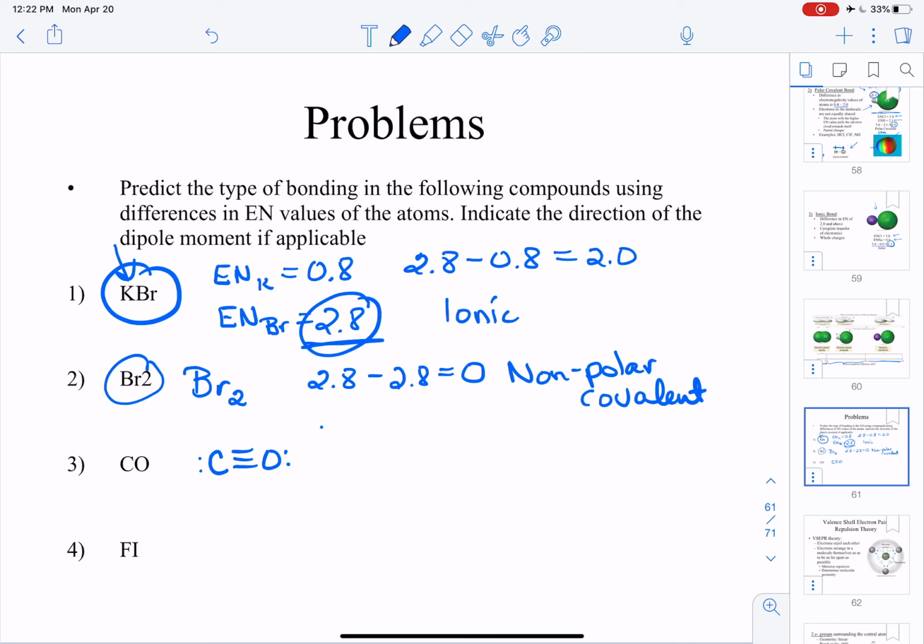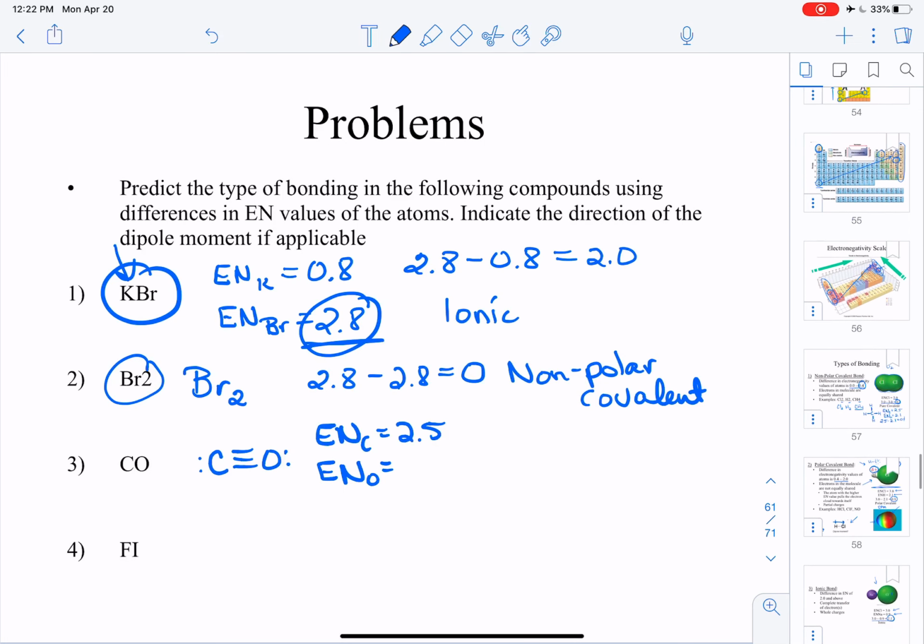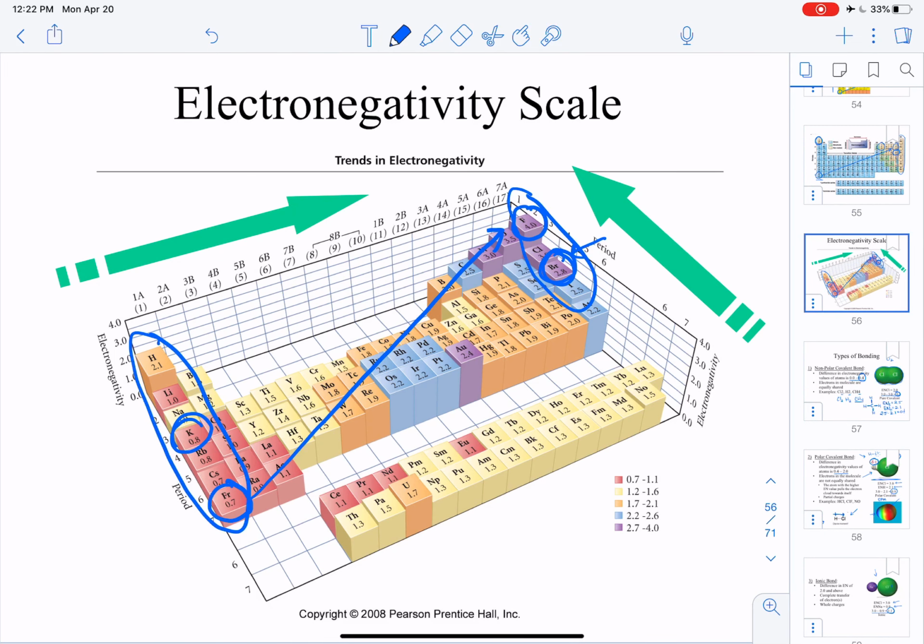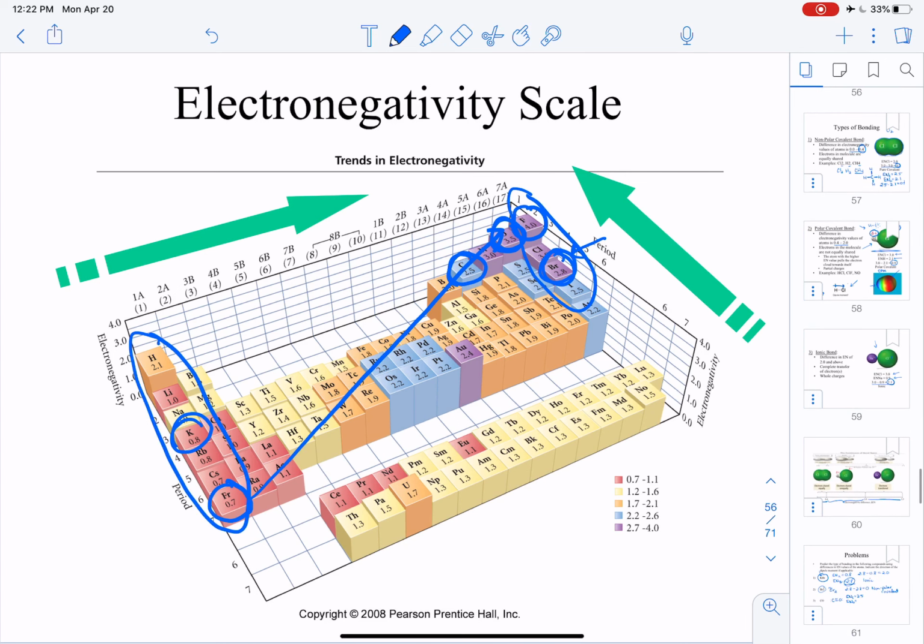So the electronegativity value for carbon is 2.5, and the electronegativity value for oxygen is right here at 3.5. So again, carbon's 2.5 and oxygen's 3.5.